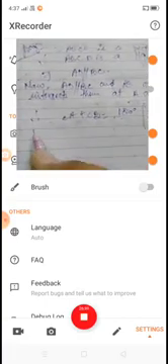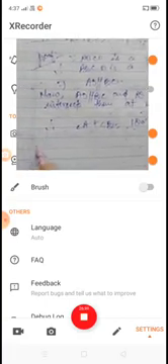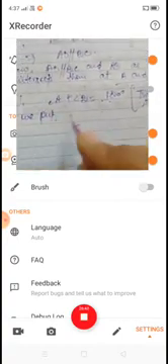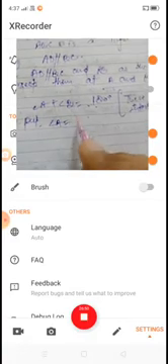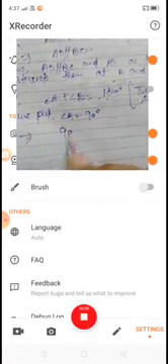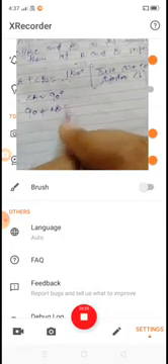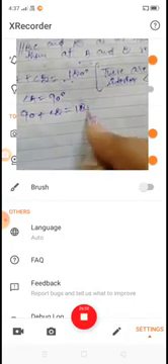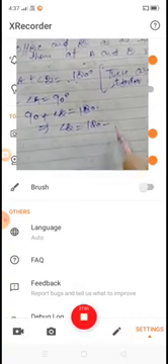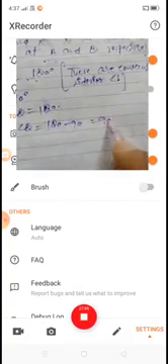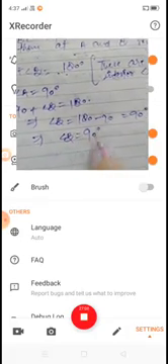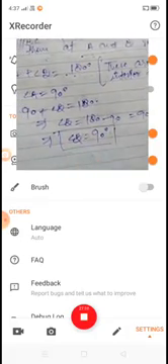So we put angle A is equal to 90 degree, then we get 90 plus angle B is equal to 180, that is angle B is equal to 180 minus 90, that is 90. So angle B is equal to 90 degree.